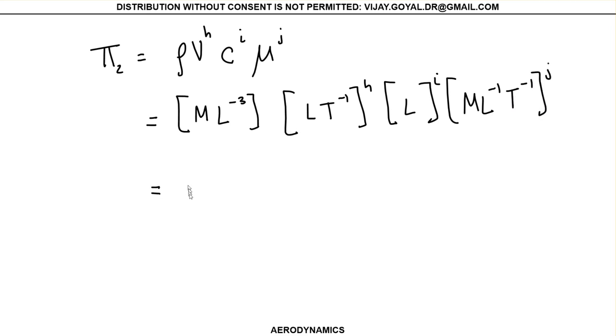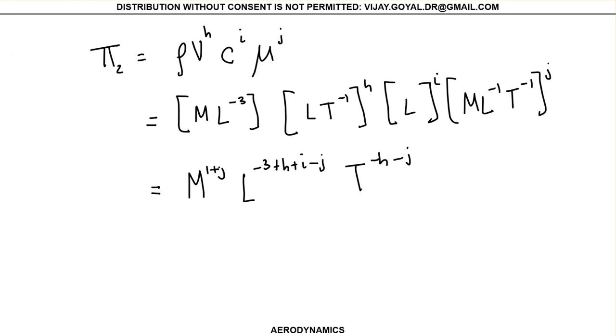You can see from here, for M you get 1 plus J, since I have an M here, 1, and this gives me J. For L, this will be minus 3 plus H plus I, minus J, and then for time, minus H minus J.